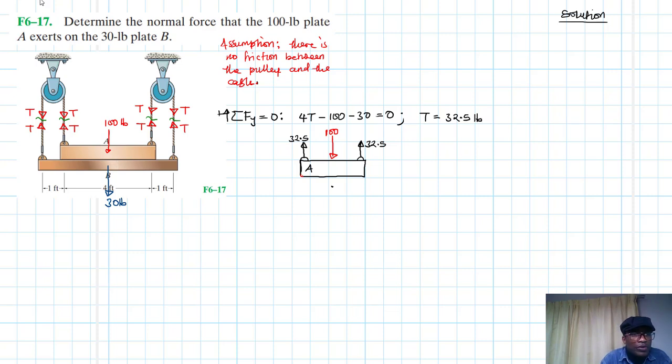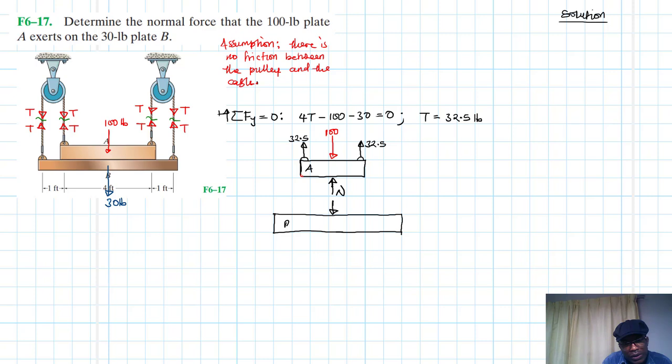So we're going to have a normal reaction force on plate A, and then the same normal reaction will also be exerted on plate B. So let me say that is plate B. So we have a normal reaction force of equal magnitude there.